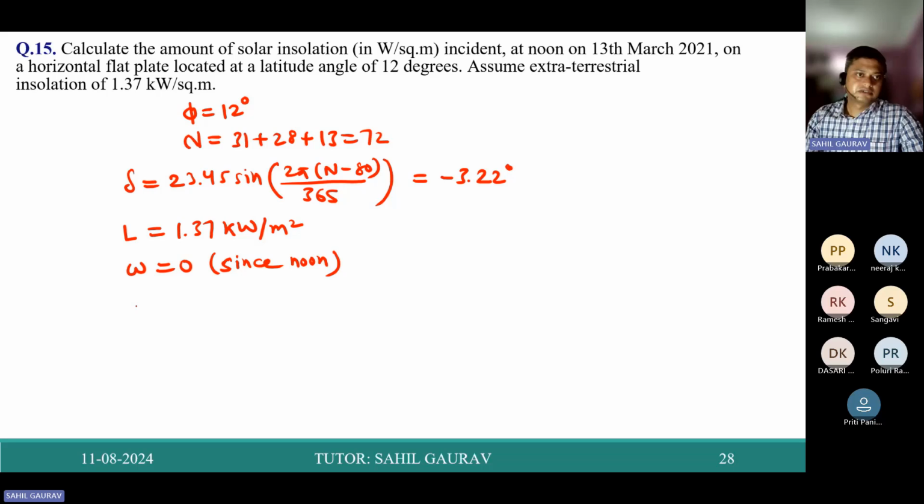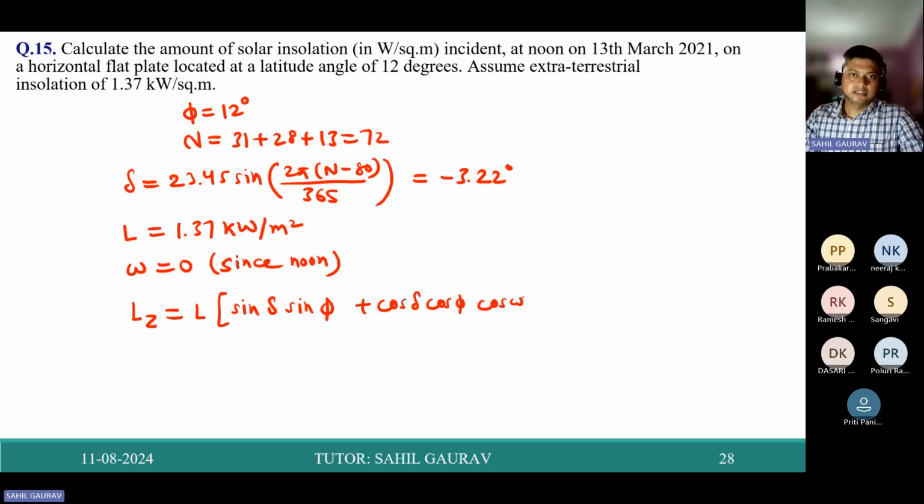Now we have to find the solar insolation LZ. So LZ is L into sine delta sine phi plus cos delta cos phi cos omega.